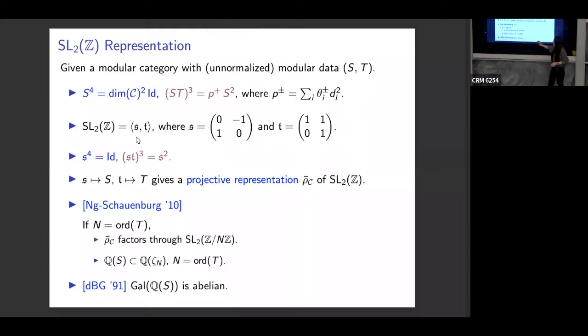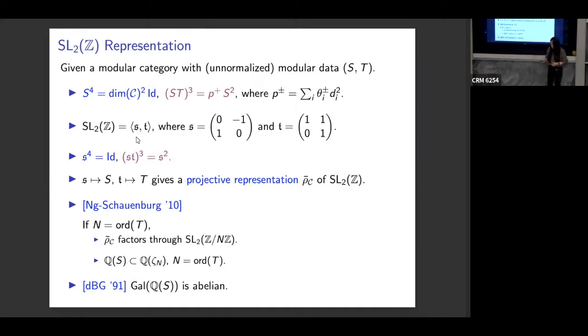It's worth mentioning here that in the study of conformal field theory back in the 90s, Coste and Gannon showed that the Galois group of this Q adjoining S is abelian.